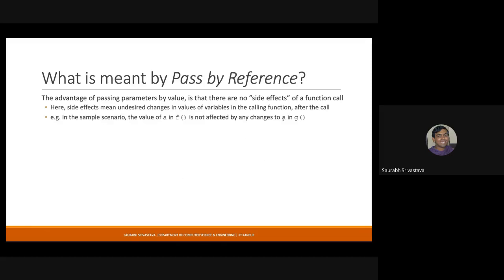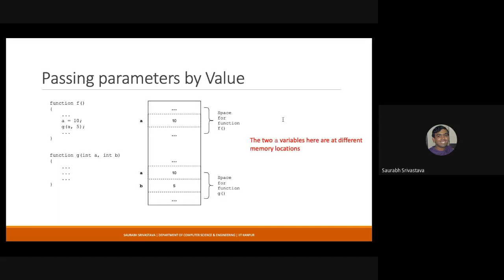We call a side effect a kind of effect on the variables within the calling function after the function call has returned. Even though you did not change the value locally, the function that you called has somehow changed the value of the variables. We call it a side effect. So whenever you are passing parameters by value, there's no chance of a side effect.